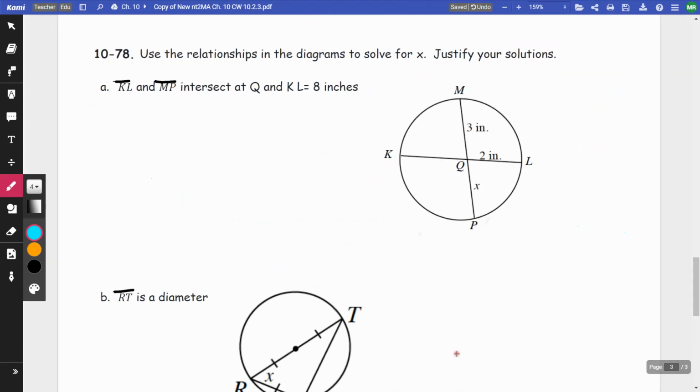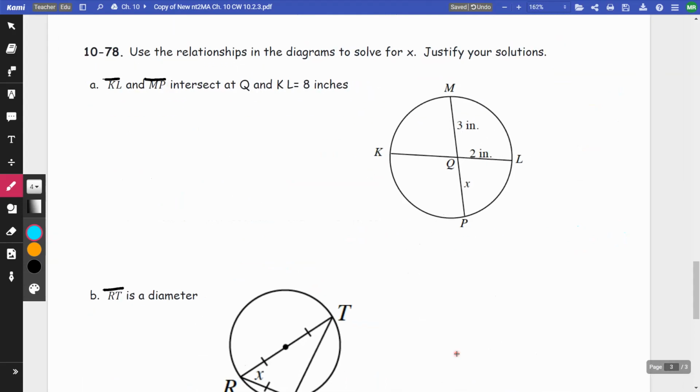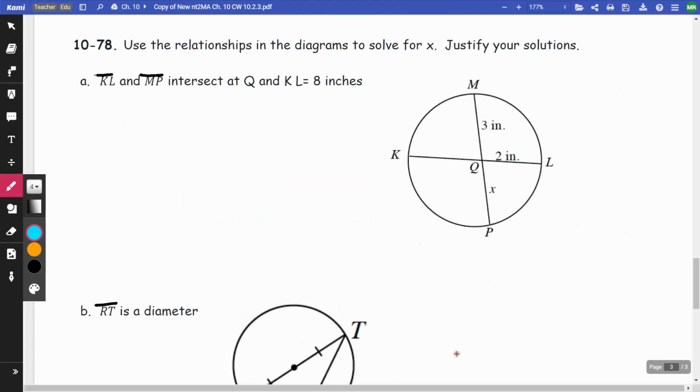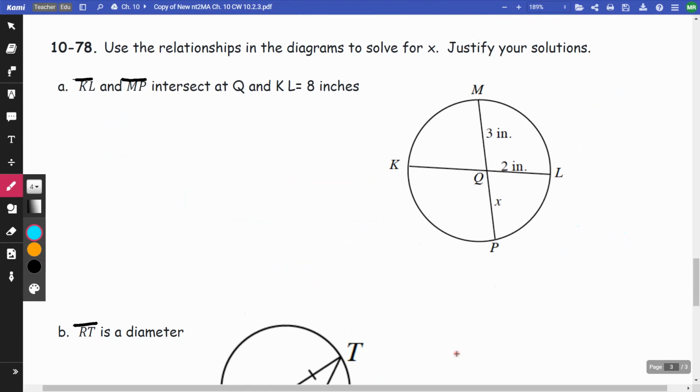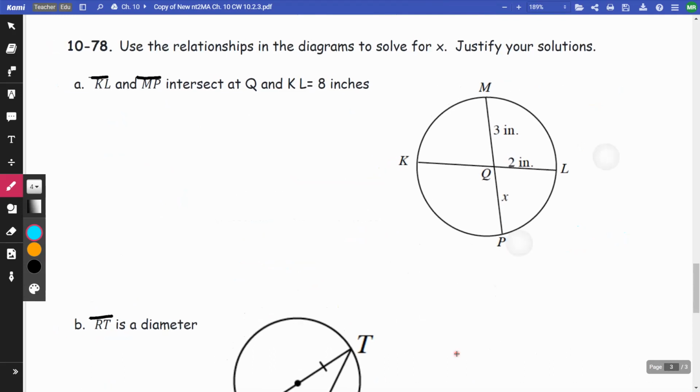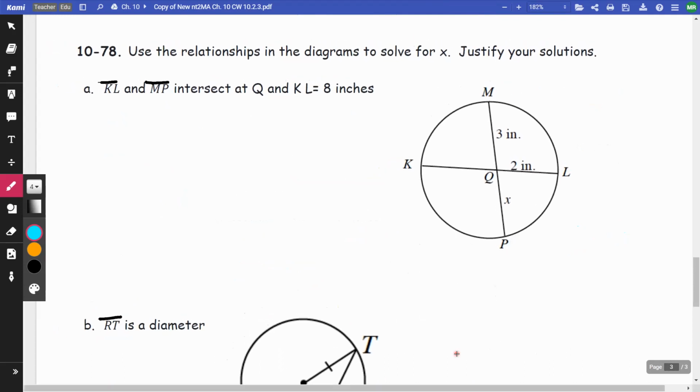Now here, we're going to be using these ideas to help solve these. Now, in this case, these intersect. I know that we have 3x and 2, and I want to solve this if I know that KL is 8.